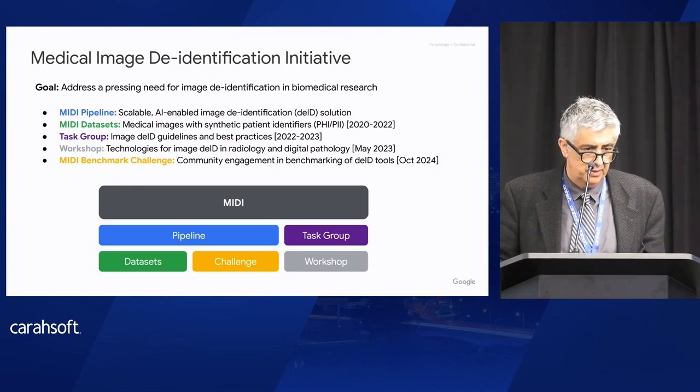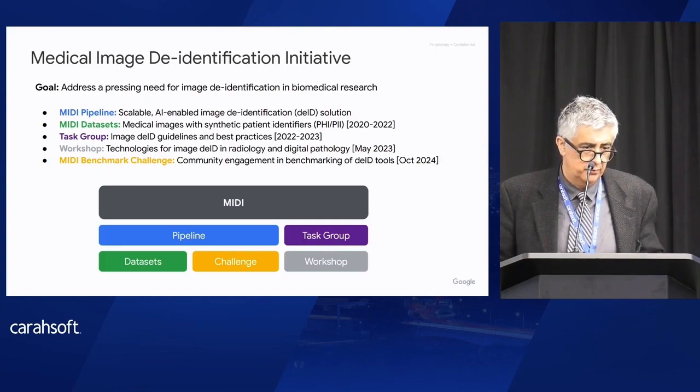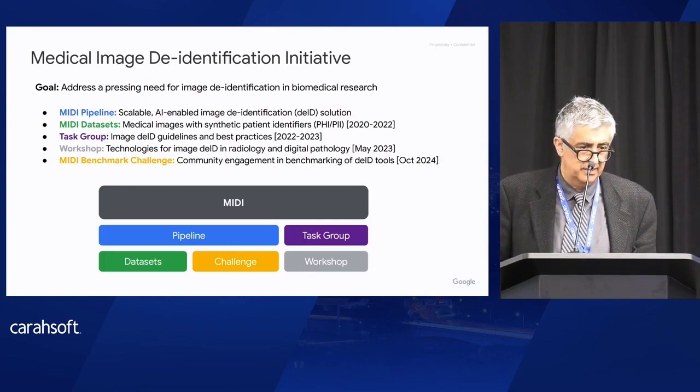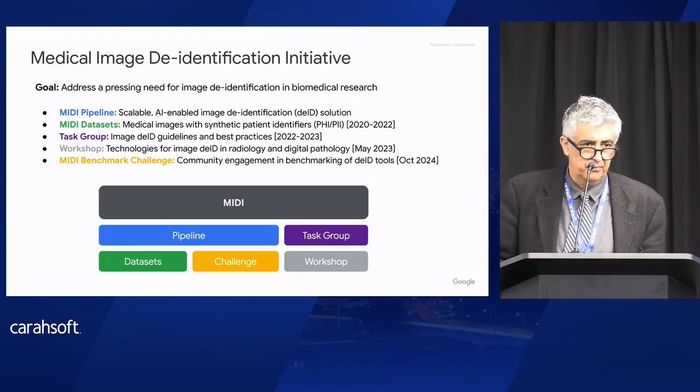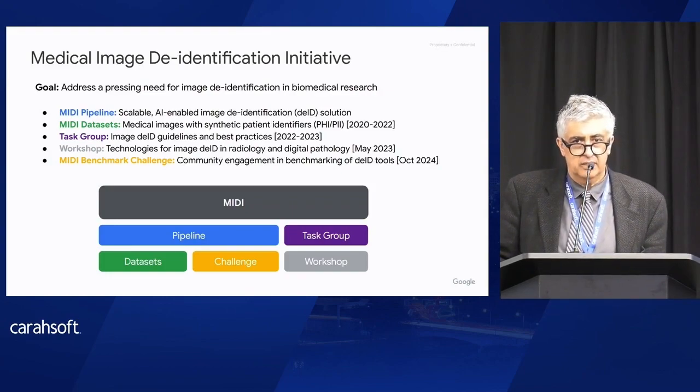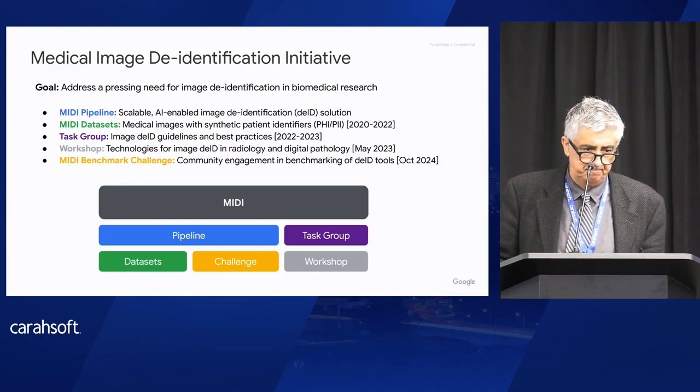So the task group completed its work March of last year, and their 100-page report is in archive, freely available, and we're working on publishing a summary of recommendations and best practices in a peer-reviewed journal in the coming months, most likely in the Journal of Digital Imaging.